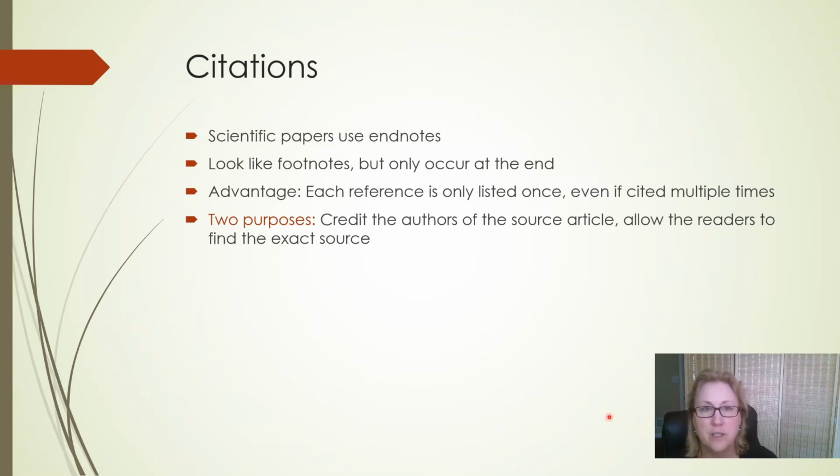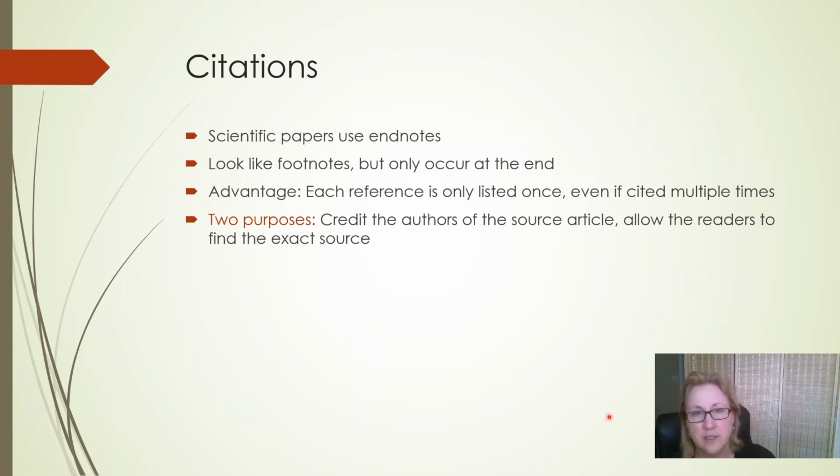So an endnote is sort of the same idea as a footnote, but they're all at the end, and they're for the entire paper. A footnote might have numbers or asterisks, and then the notes are down at the bottom of the page. Endnotes use the same idea, but they're all numbered and they're all at the end. And the big advantage is each reference is only listed once, because for a scientific paper, you might have 50 to 100 citations.